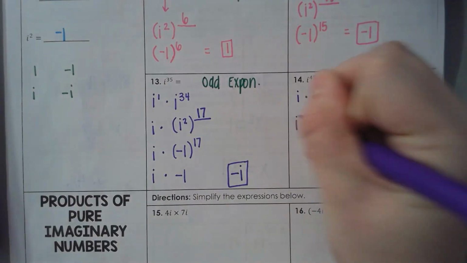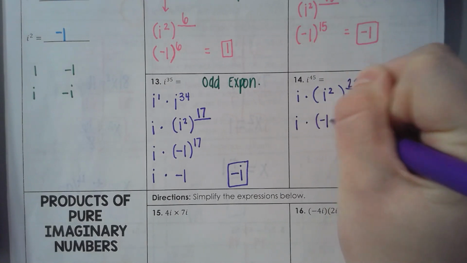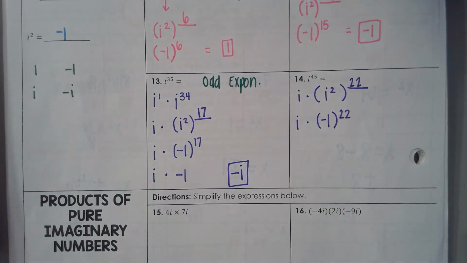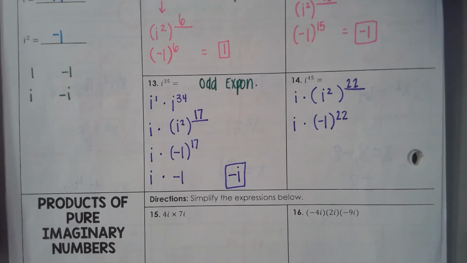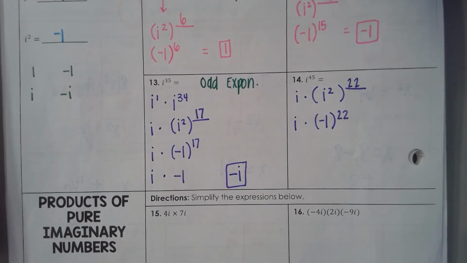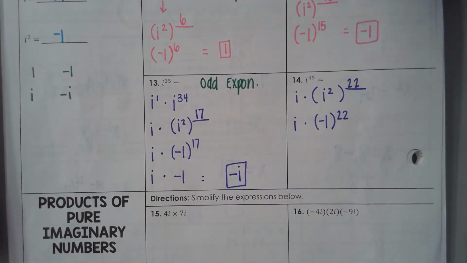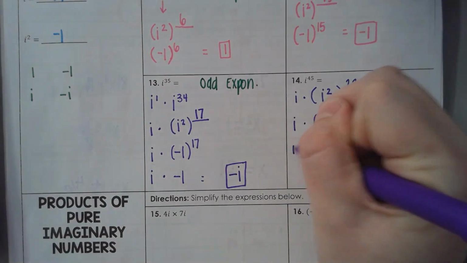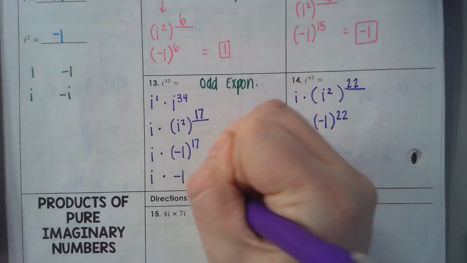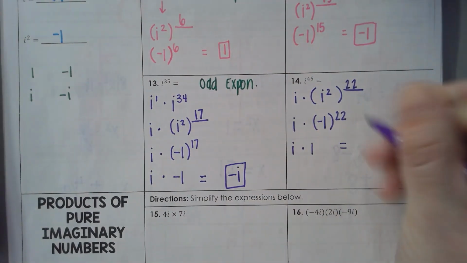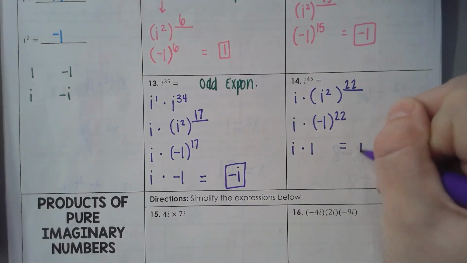So i times negative 1 to the 22nd power. And what is negative 1 to the 22nd power? 1. It's 1. And i times 1 is i.